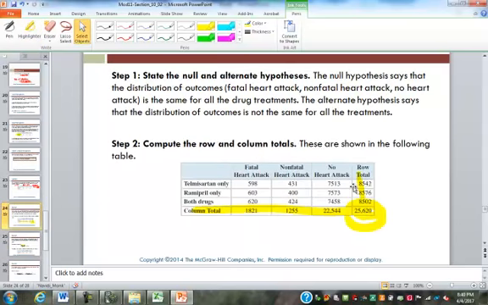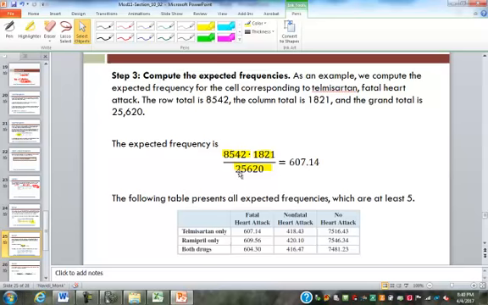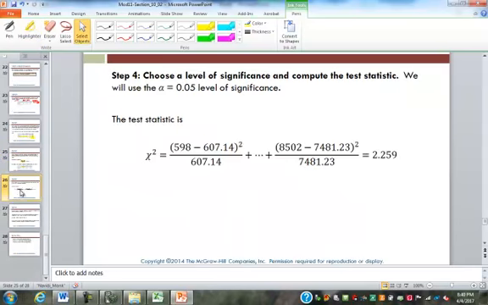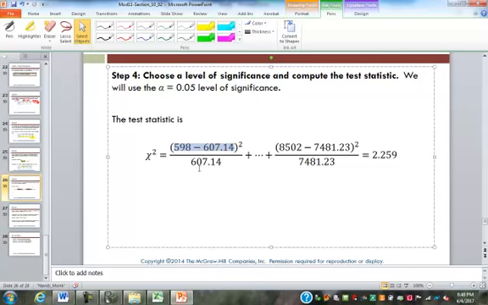That first row total is 8542, first column total is 1821, and the grand total is 25620. That's exactly what we did here to get that first expected value for the first cell in our table, right here. Do the same for the rest of them. We do observed minus expected squared, and then divided by expected for each cell in the table.